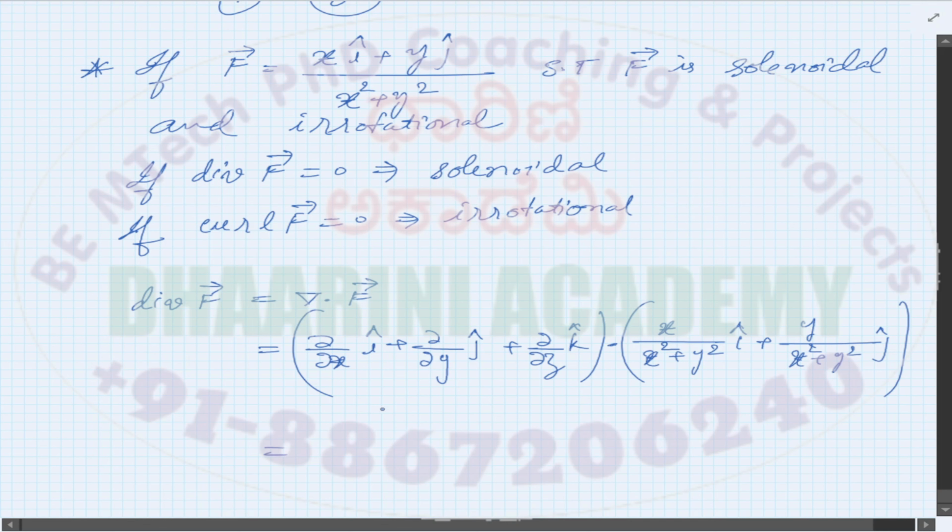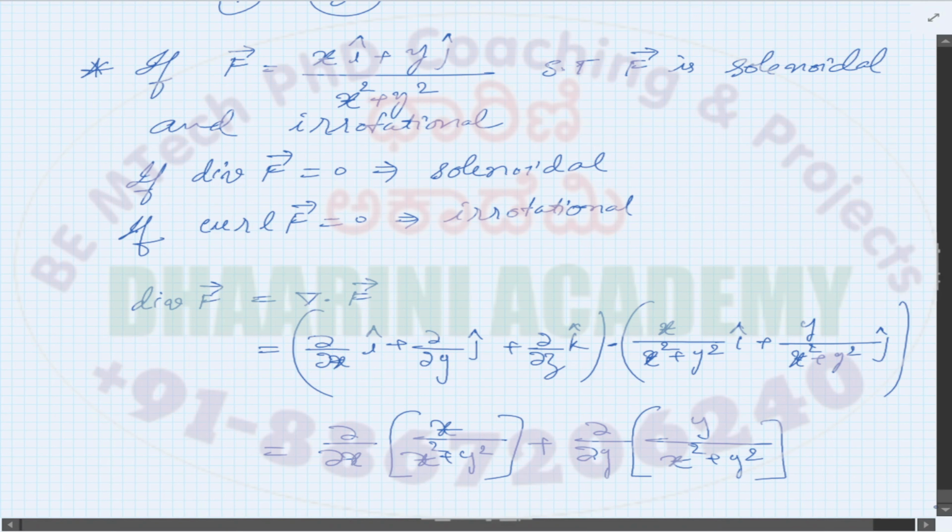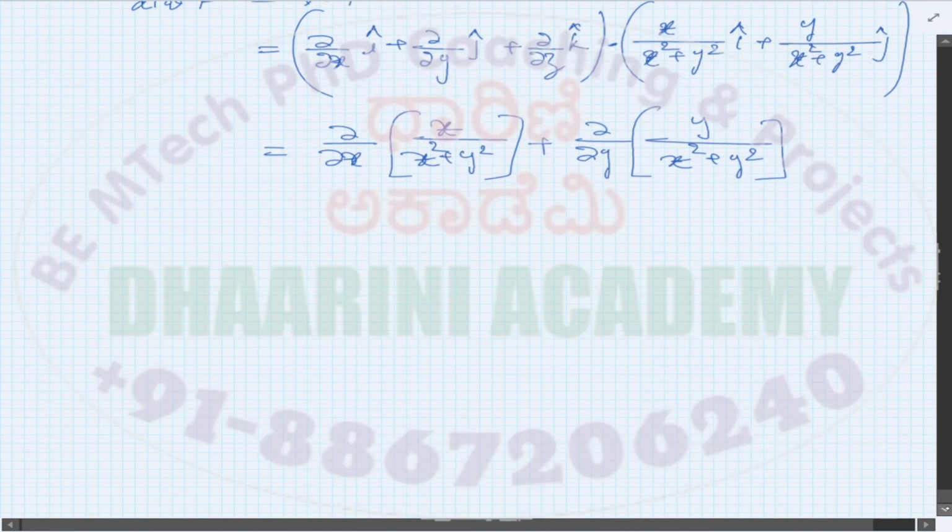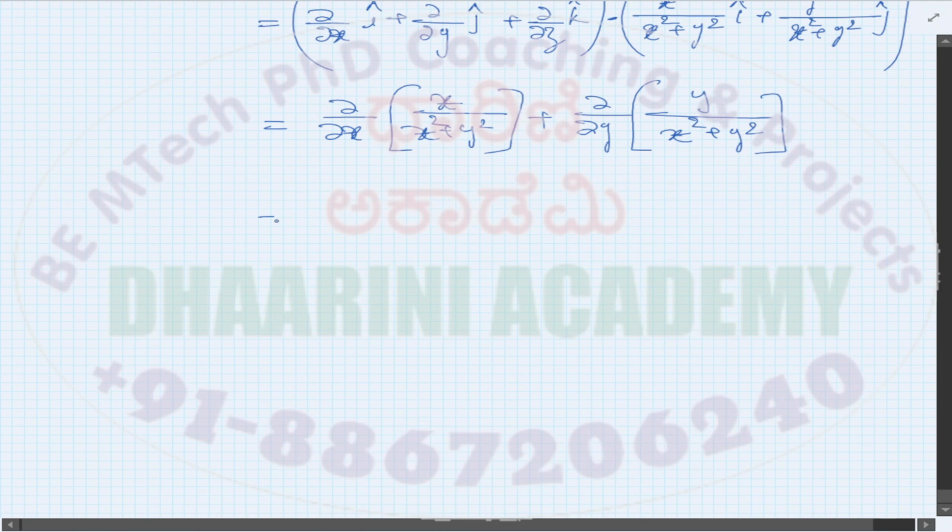Let's define this. So this means I am supposed to perform the dou by dou x of x divided by x square plus y square, plus I should apply the dou by dou y to the second term, that is y divided by x square plus y square. Okay, now let us perform the differentiation here.